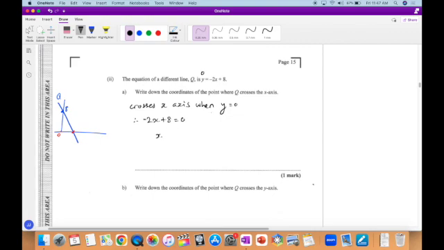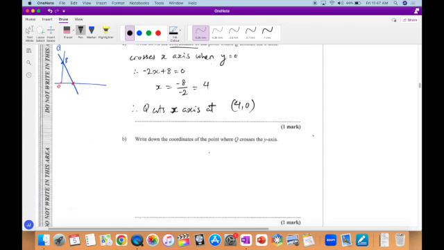And so x will be negative 8 divided by negative 2. 8 divided by 2 is 4. So it is positive 4. So write down the coordinates of the point where Q crosses the x-axis. Therefore Q cuts the x-axis at the point x is 4 and y is 0.